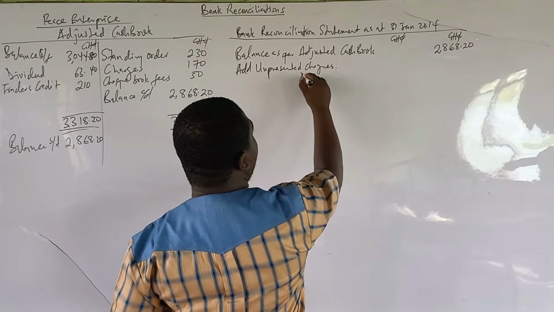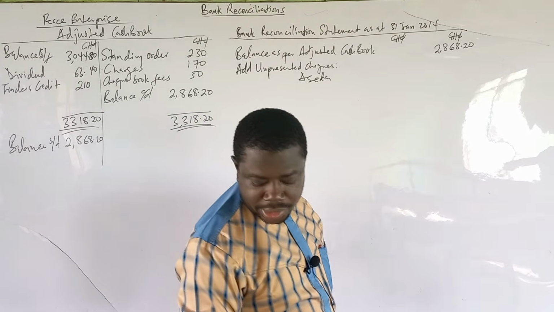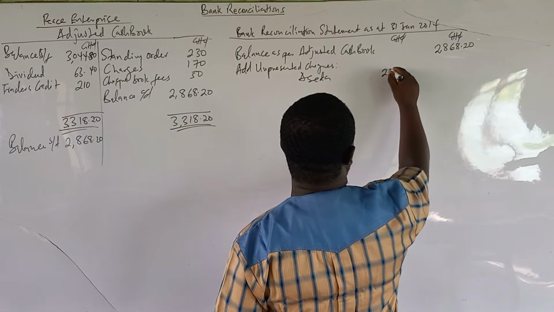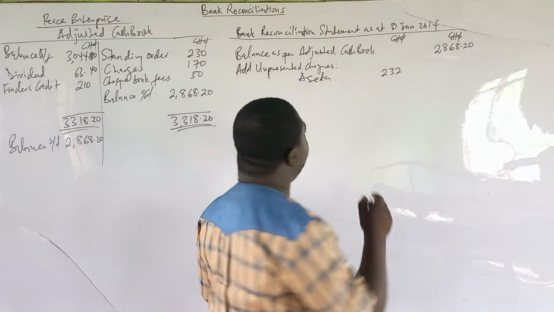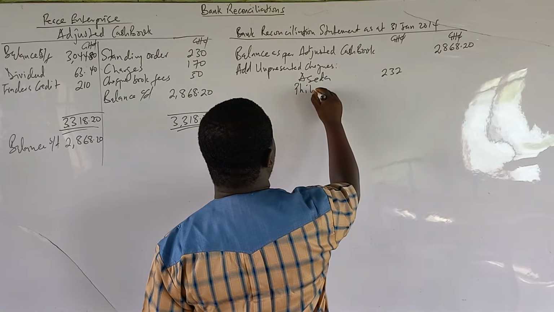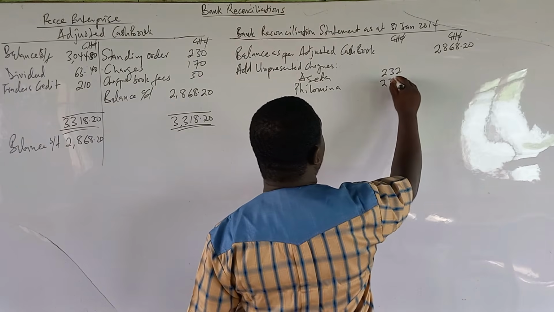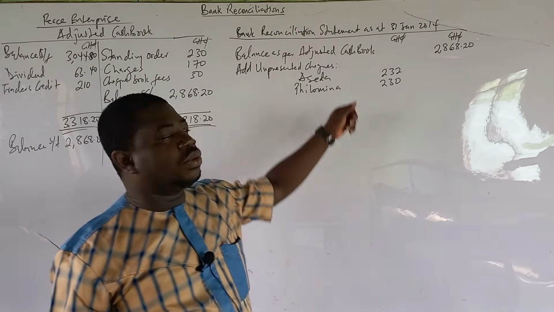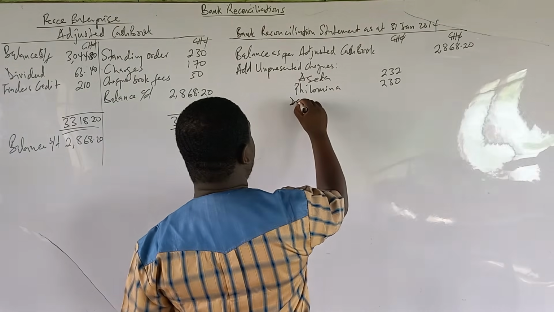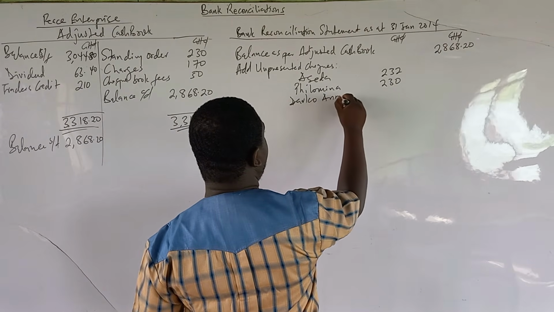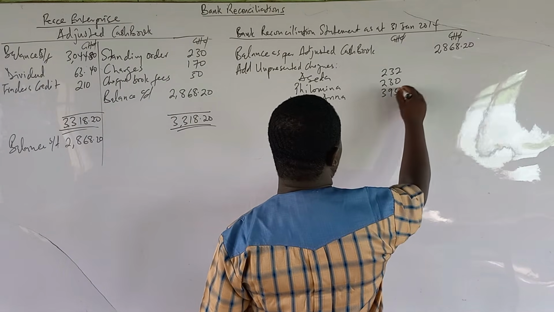So they were a Sedas check of 232. And then also Philomena's check of 230 was not presented. You can include the check numbers as well. And then Dako Anna 395. I'm sure you noted them down. You can go back, reverse this video, and look at how I got them again.